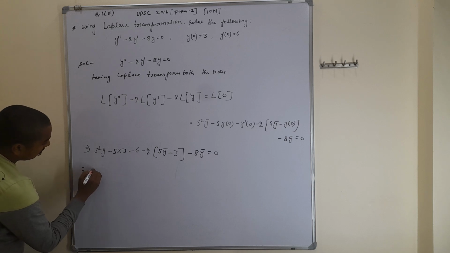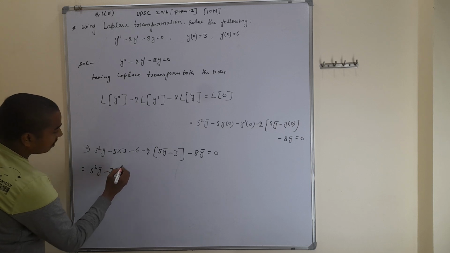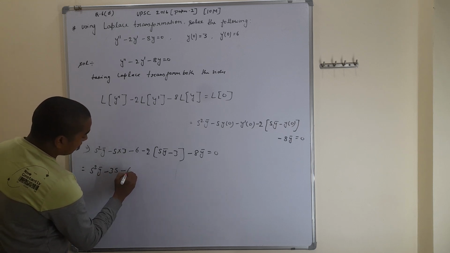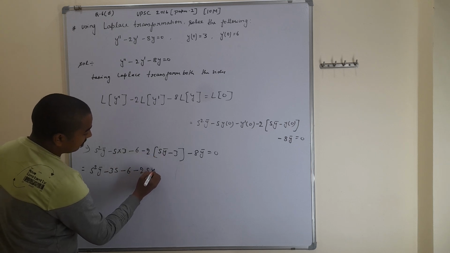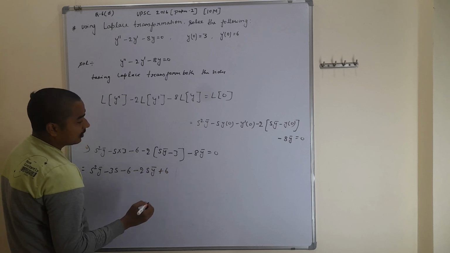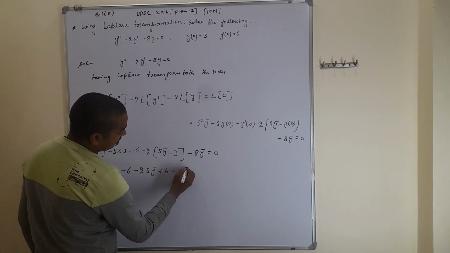Then s square y bar minus 3s minus 6 minus 2s y bar plus 6 minus 8 y bar is equal to 0.